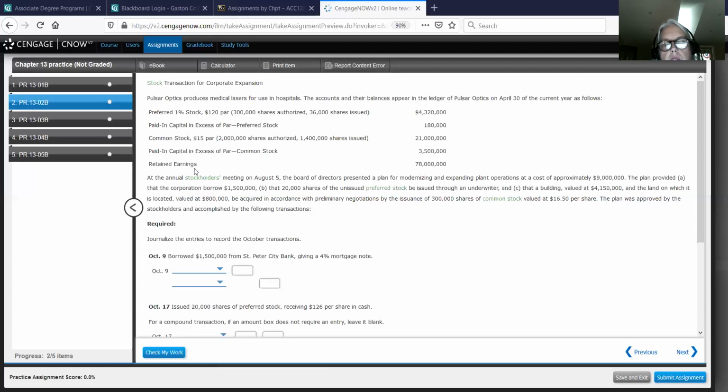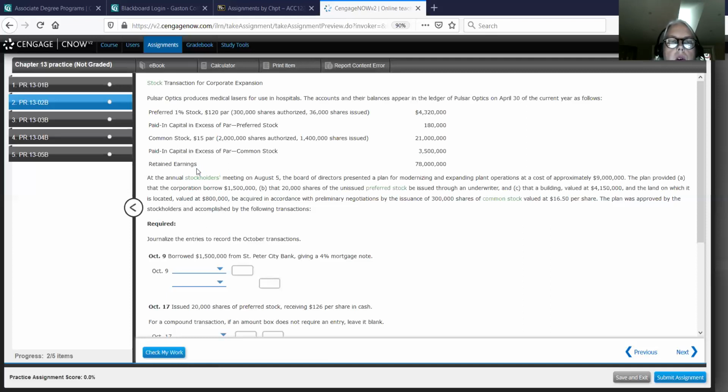We also have an account called retained earnings for corporations. So instead of having an owner's capital account in a corporation, we use retained earnings, like the statement of owner's equity in a proprietorship.